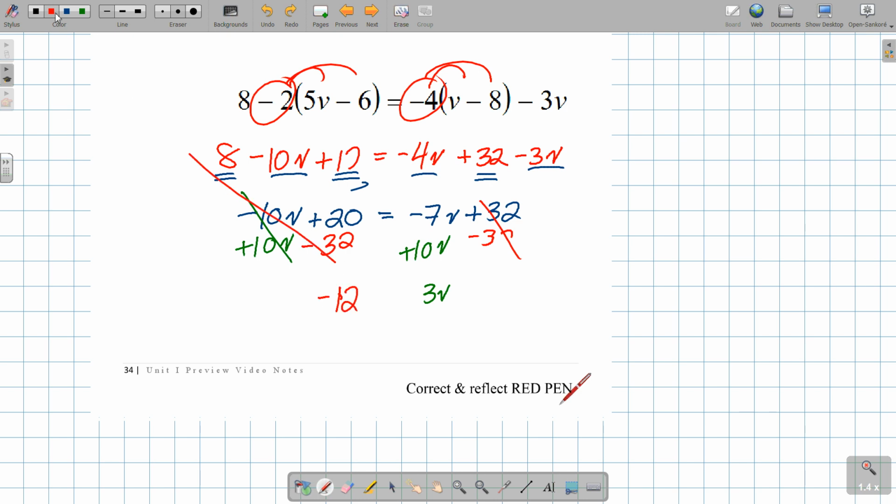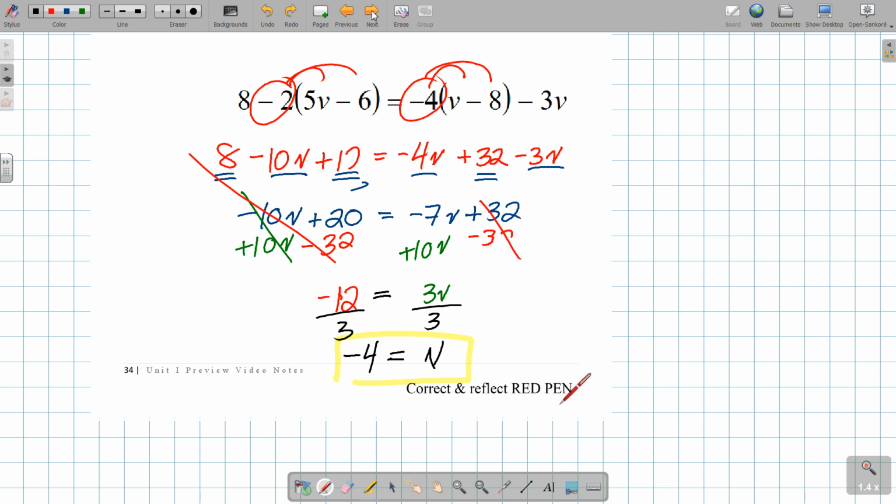Divide out. And you should have gotten v equals -4. You can always plug it in to check. Basic algebra review.